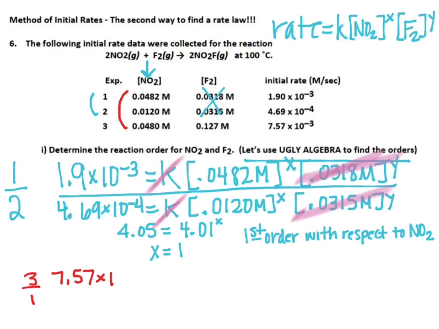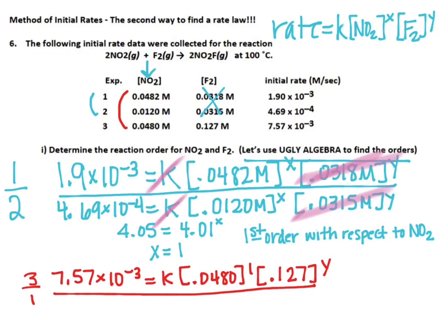So this time it is going to be 7.57 times 10 to the minus third is equal to K times the concentration of 0.0480 to the first order times F2, which is 1.127 to the Y. Put that all over 1.